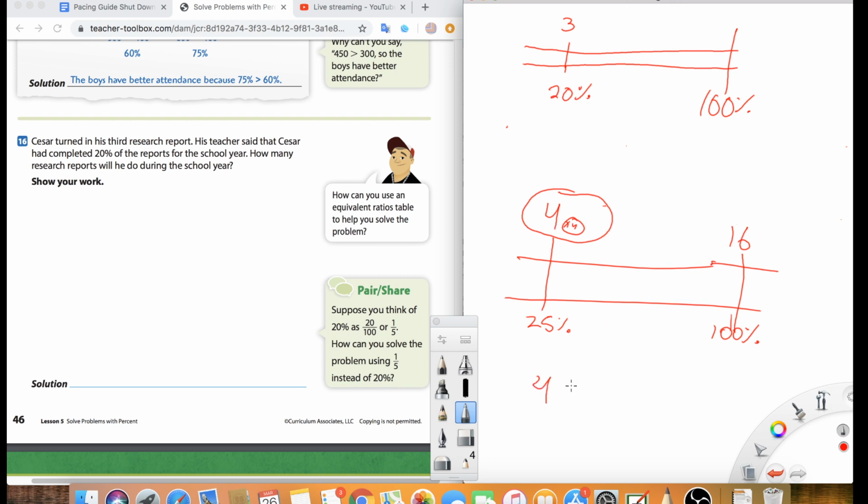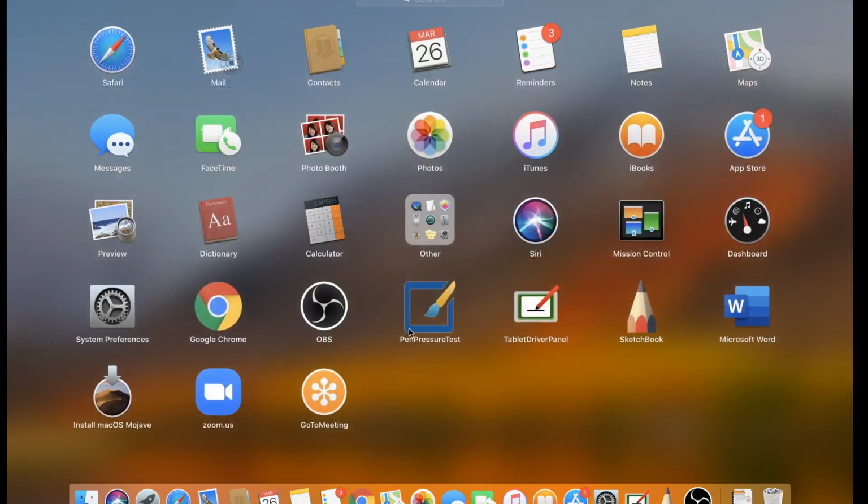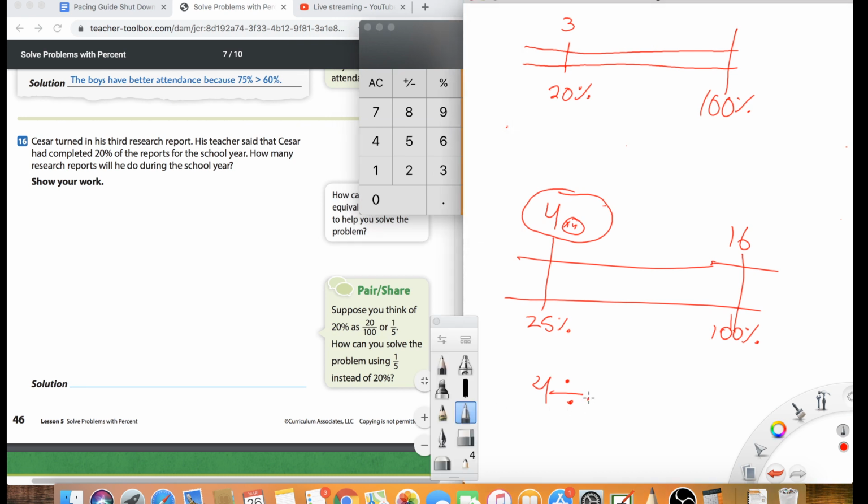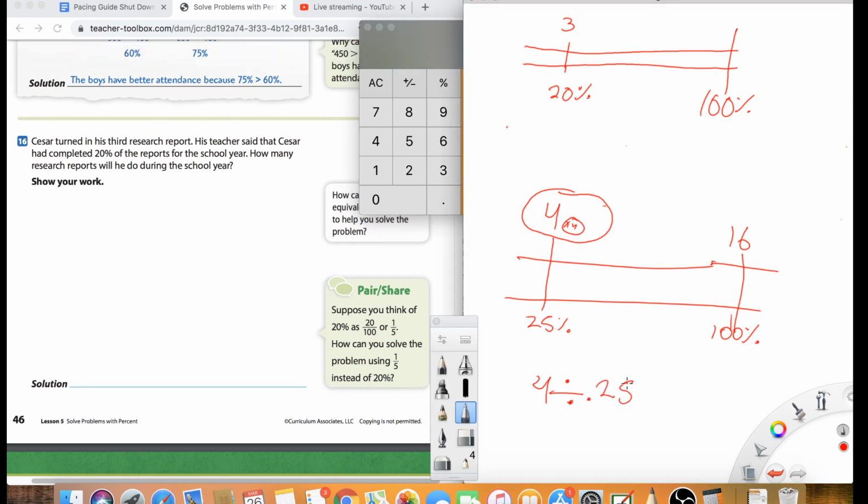When that happens, you can divide, and you always divide by placing the number first, not the percentage. You always put the number first. So we do 4 divided by, but we don't put 25%. We put 0.25. When I multiply this, I should get 16.